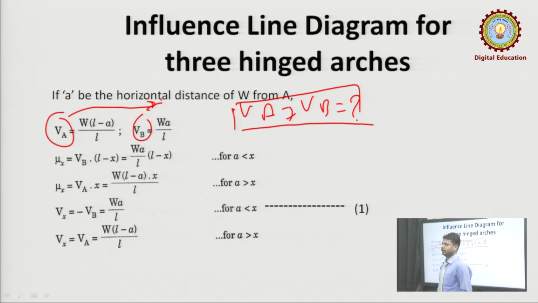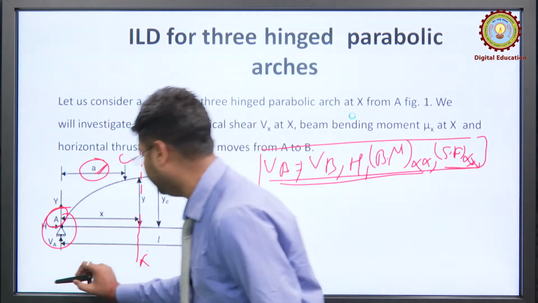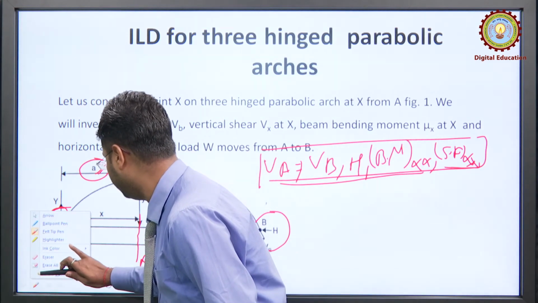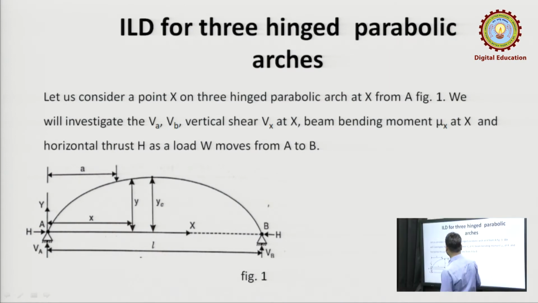How can you calculate that? As you can see in the diagram, you can take a moment around A or around B. When you take a moment around B, you will get the value of VA. When you take a moment around A, you will get the value of VB.